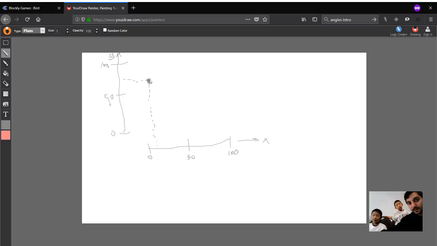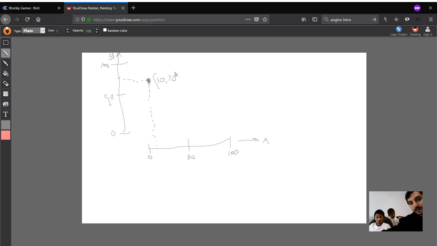Is that 70? This point is at 70, but that's only on this number line. That's 70. What about this number line though? A 10? Yes, very good. So this point right here is located at 10, comma 70.